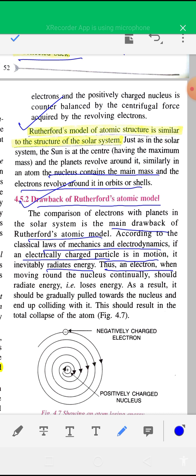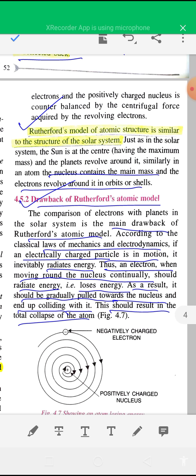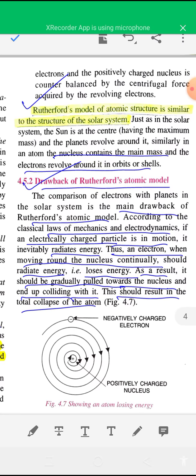Thus an electron, when moving around the nucleus, should radiate energy. That is, the electron loses energy. As a result, it should be gradually pulled towards the nucleus and end up colliding with the nucleus, and this should result in the total collapse of the atom. This is the drawback of the Rutherford atomic model.